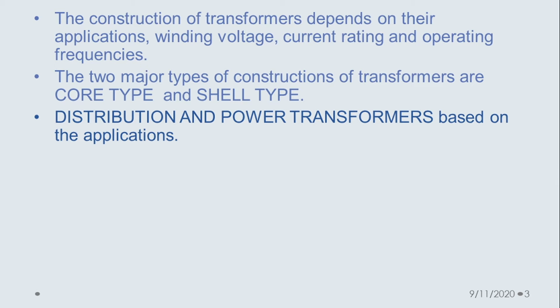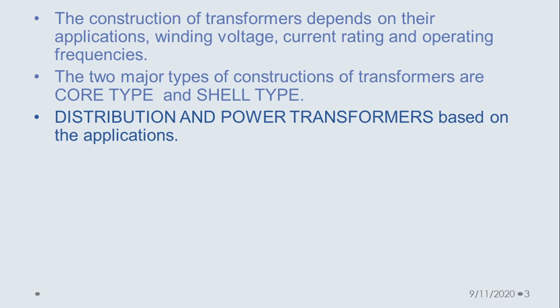Distribution transformers are used for secondary consumers, and power transformers are normally used for primary consumers as well as at the primary distribution level, and in power plants normally to increase the voltage.